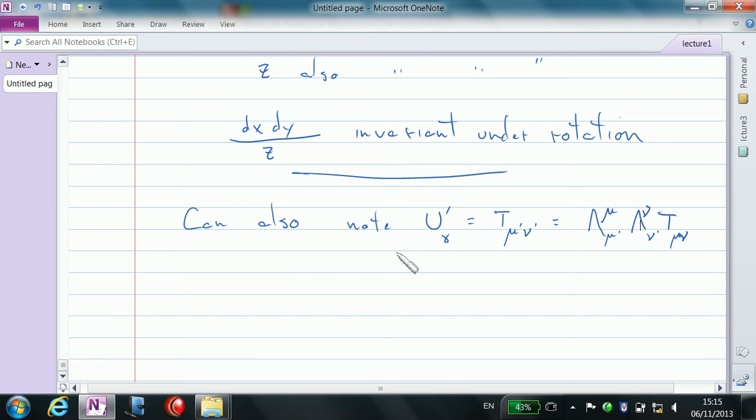And the density also goes up by a factor of gamma. Wait, did I say that right? Yeah, that's the way I think of it.